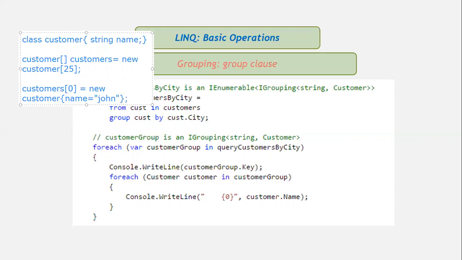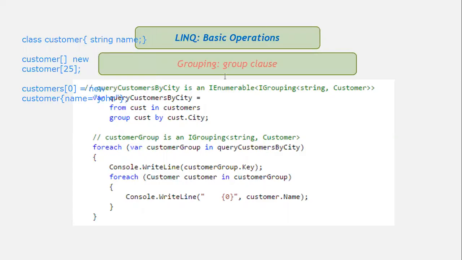So that could be the code that we have written already, and by using this customers collection, now we are executing the LINQ query on this collection. Why? Because we want to create the groups of customers by using some key, and that key in this query is city.